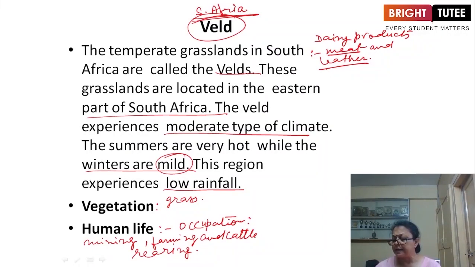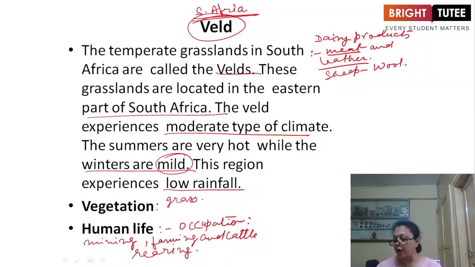Wool is produced, and this comes under the main occupation of the people who rear sheep.